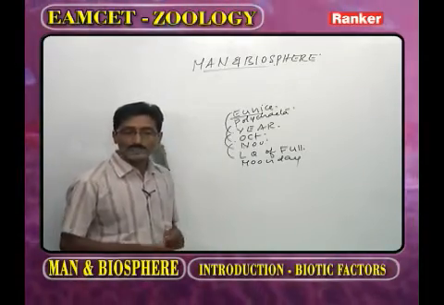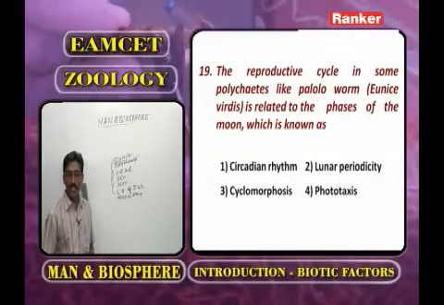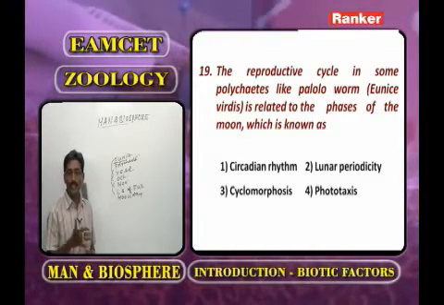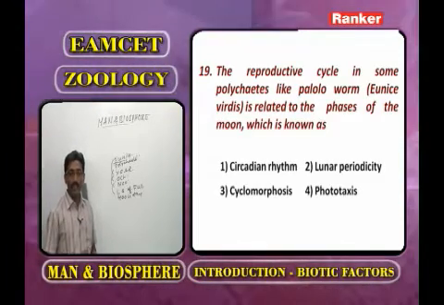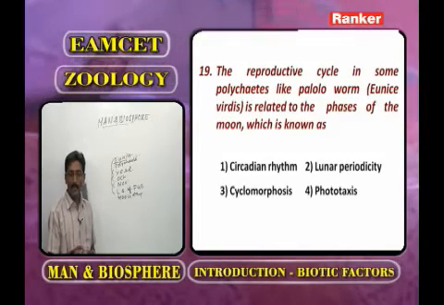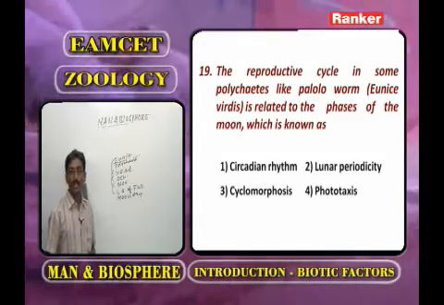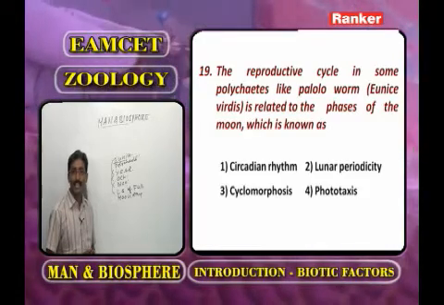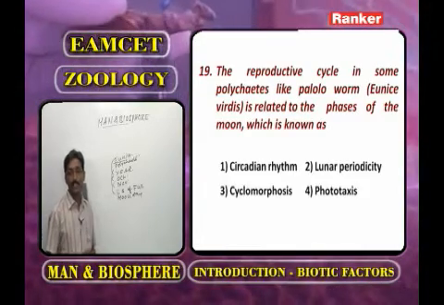Now here the question: the reproductive cycle in some polychaetes like palolo worm is related to different phases of the moon, which is known as? The best example is lunar periodicity. Lunar periodicity comes under the category of circadian rhythm.